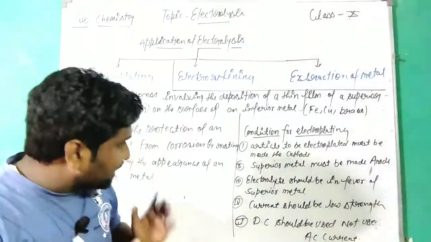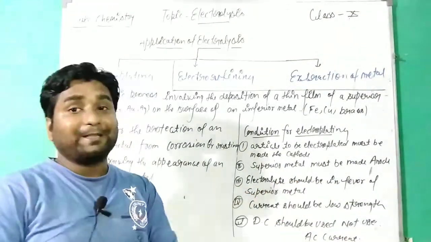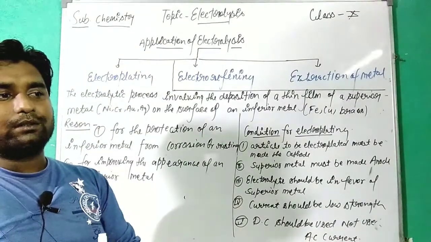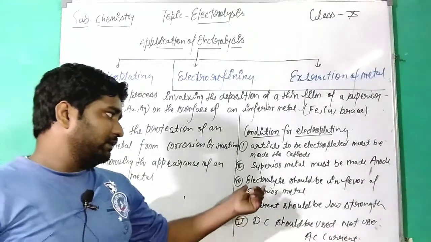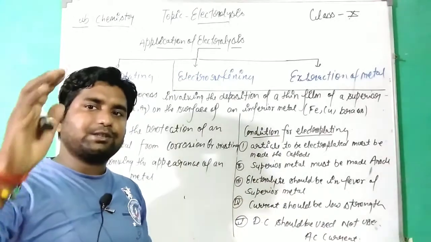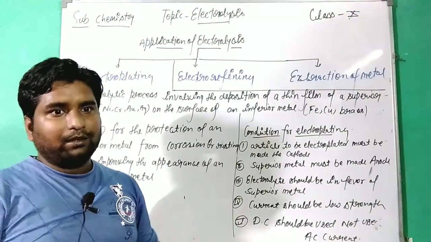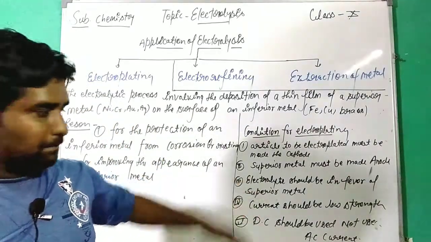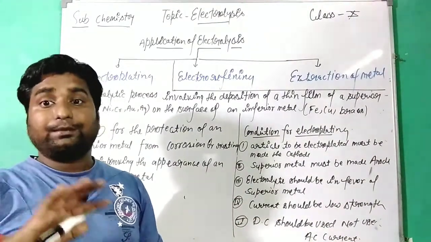Now the third one: the electrolyte should be in favor of the superior metal. That means the ions present in the electrolytic solution should be of the superior metal used for electroplating. And the fourth one: the current should be DC, not AC.